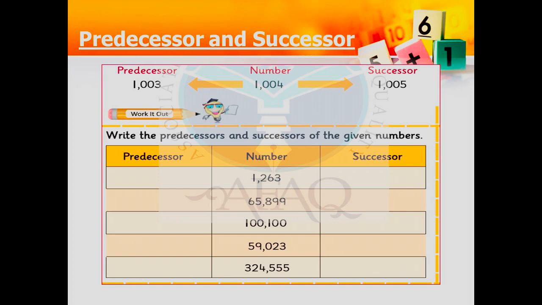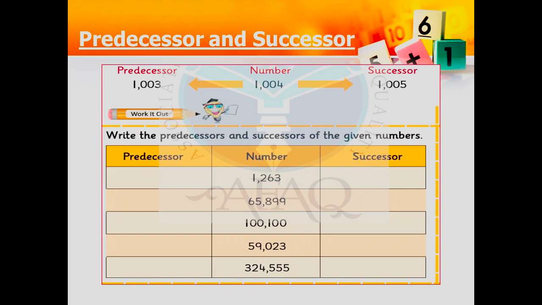Now we have 100,100. When we subtract 1 from 100,100, we get 100,099, which is the predecessor of 100,100.